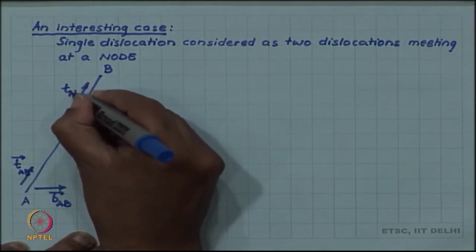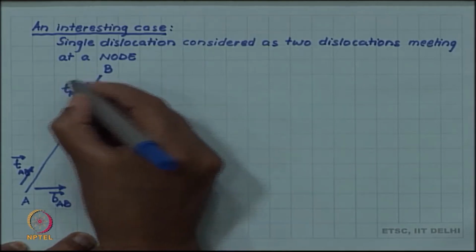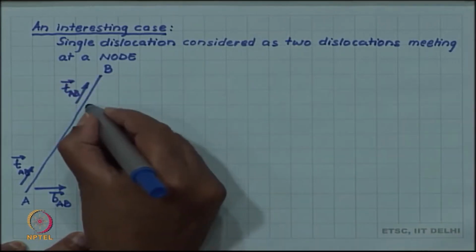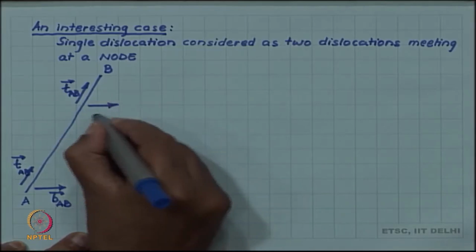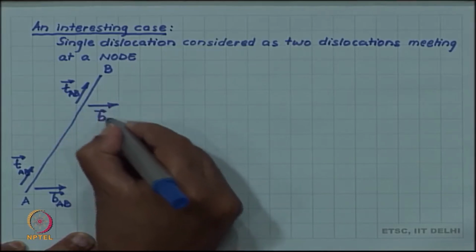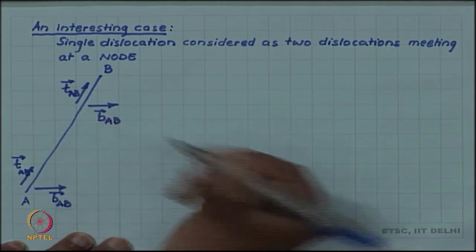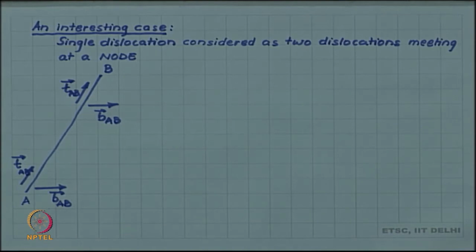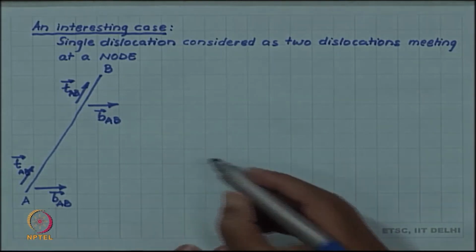As we discussed, for a straight dislocation the tangent will remain the same, but for a curved dislocation it can change, but the b vector has to remain the same at all points. So, it is the same b vector at all points along the dislocation line.